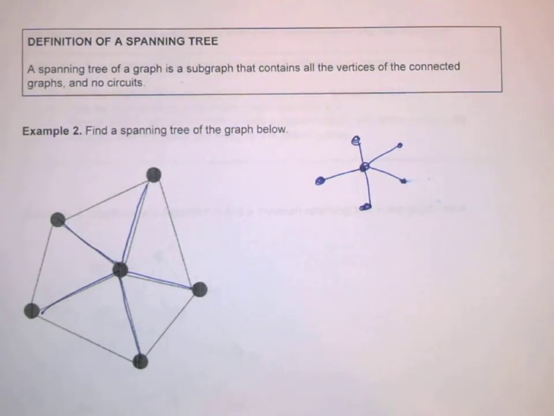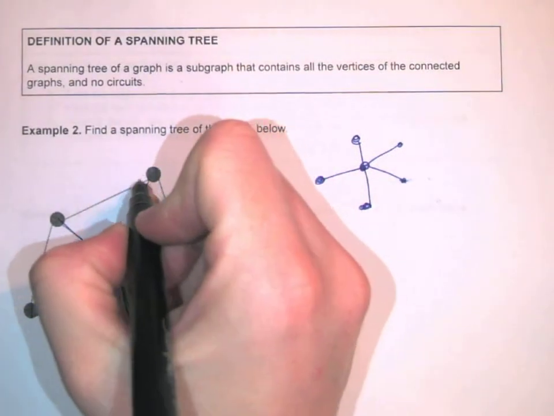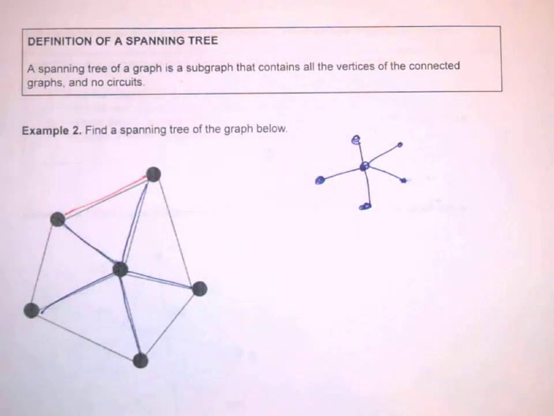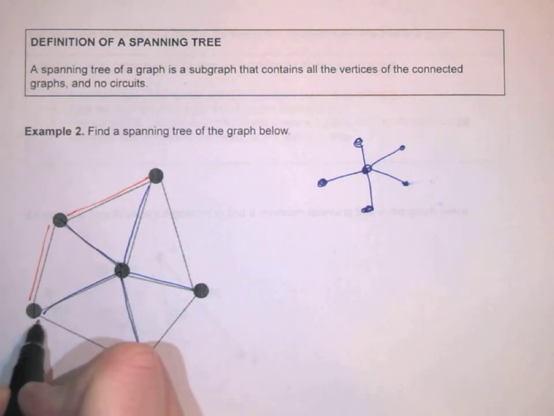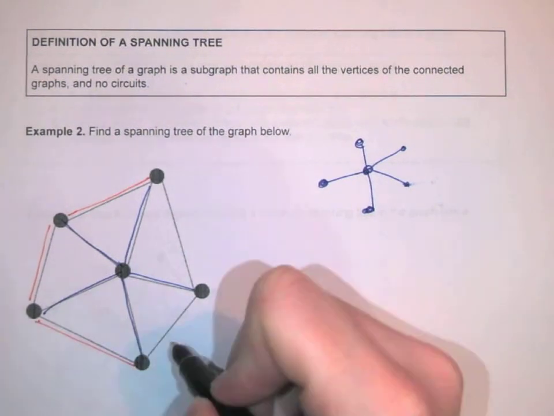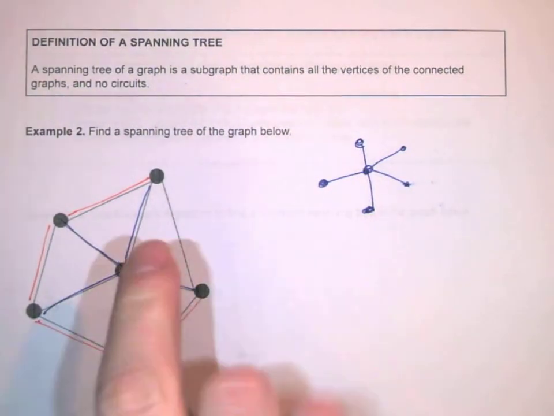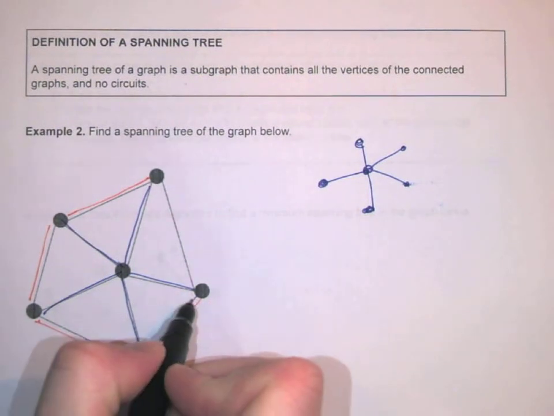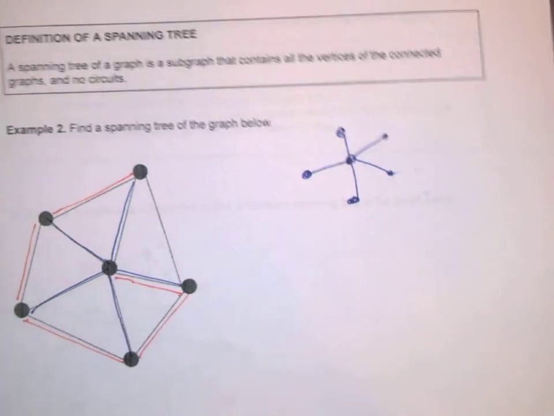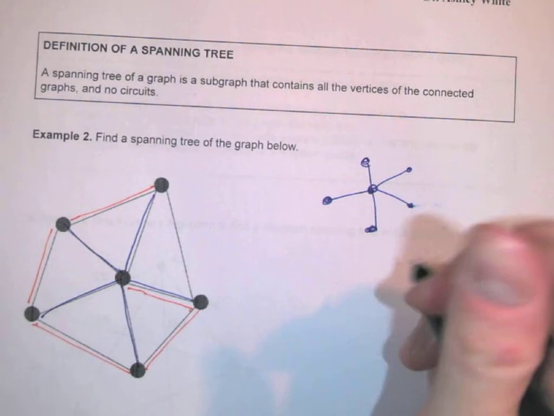Other things that we could do, I'll do it in a different color, we could go along this edge, 1, 2, 3, 4. Now I can't go back this way because that would be a circuit, but I could go down this edge to take a spanning tree.